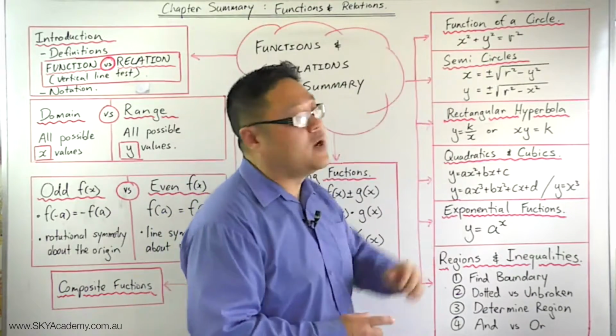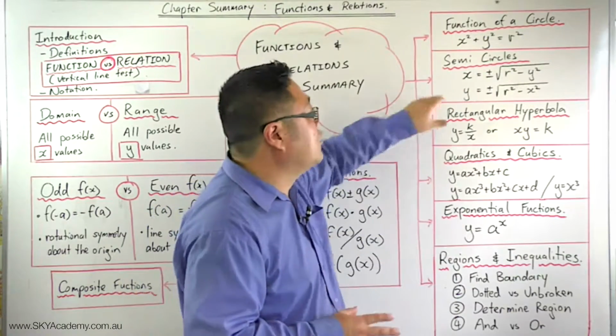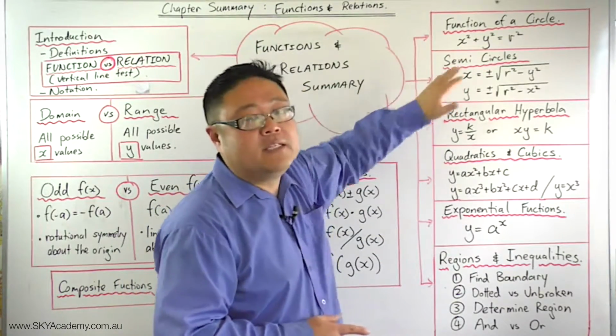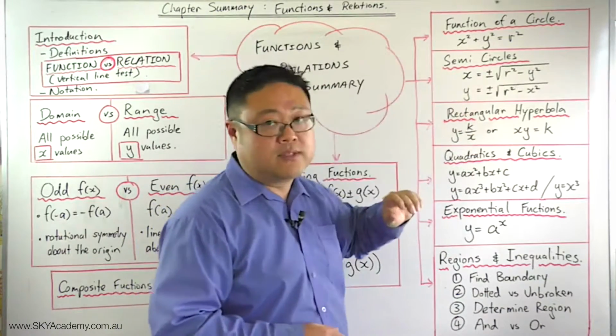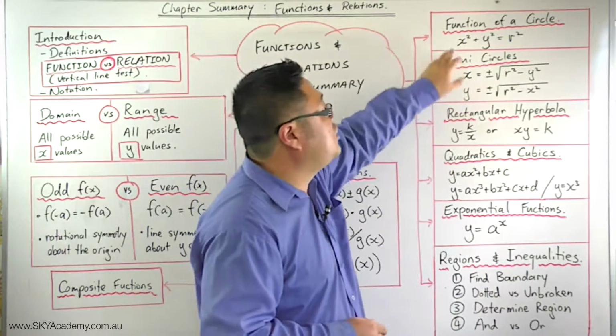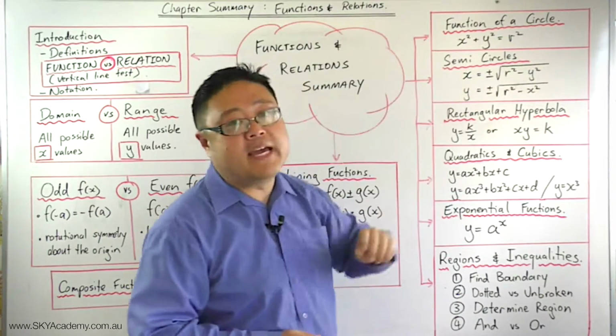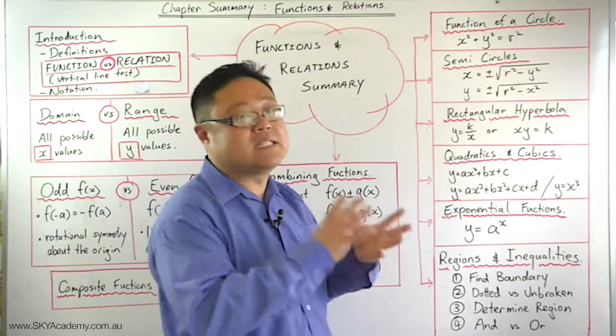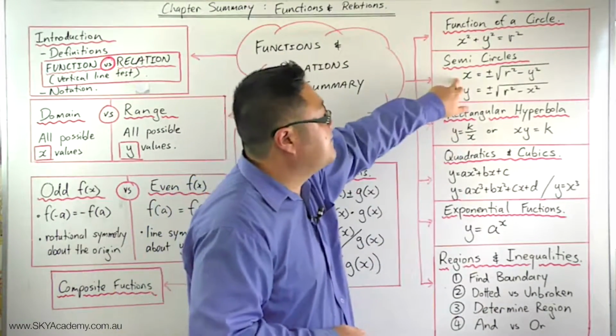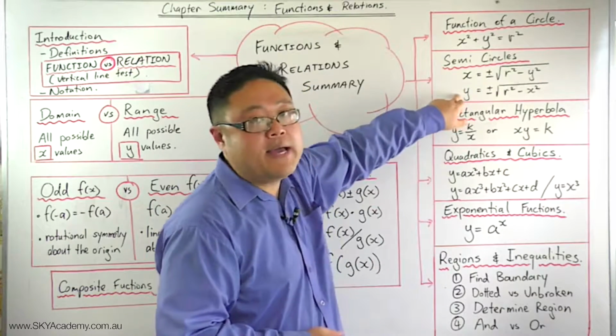Then we looked at different ways of expressing, say, semicircles. Now, a semicircle is just a circle expressed with x as the subject or y as the subject.